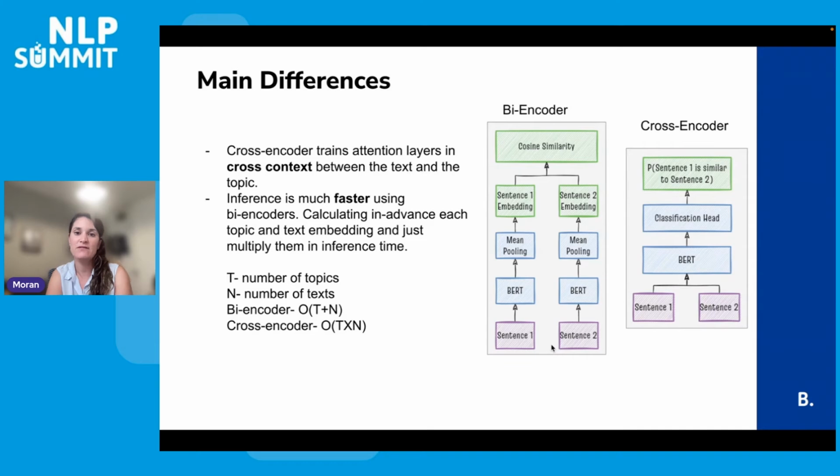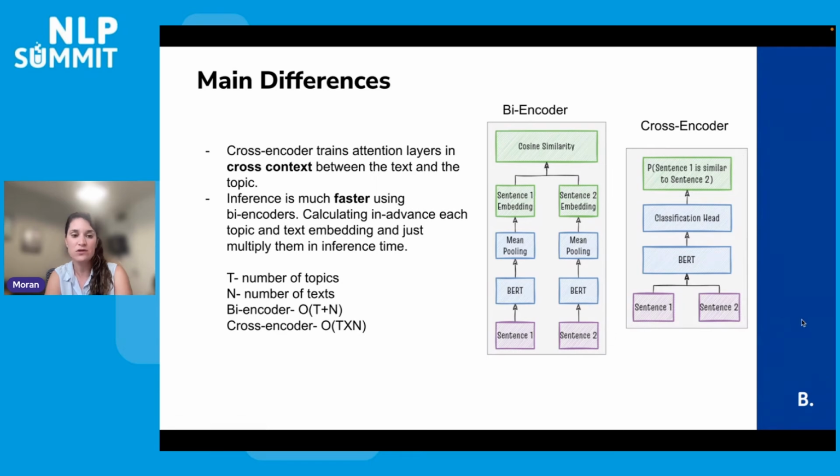But the main advantage of the bi-encoder architecture is that the inference is much faster, because we can save at inference time, one time, the text embedding and the topic embedding, and then just do the multiplication between them. So if we have T number of topics and N is the number of texts, then using the bi-encoder, inference will be just T plus N, because we need to embed just the T and the N, the topics and the texts.